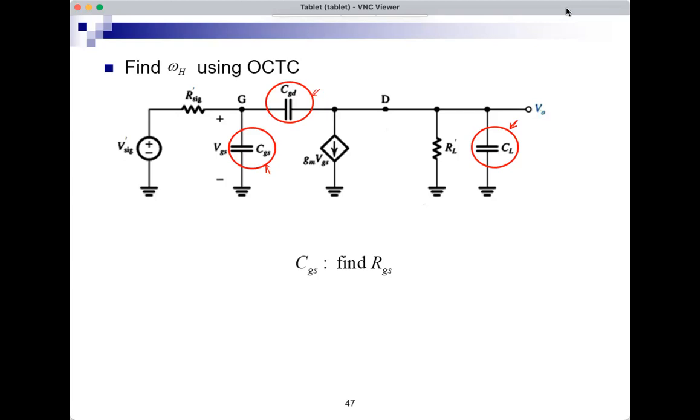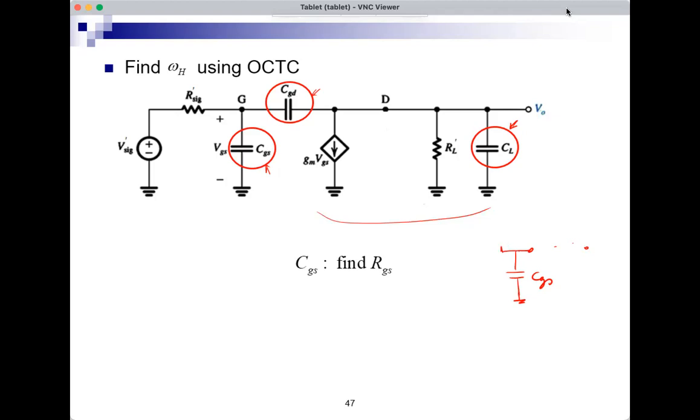Let's start with CGS. If I want to find the resistance seen by CGS, I will call it RGS. I will open circuit the other capacitors. If I open circuit CGD and CL, then this is my CGS. Now I have an open circuit here, so I'm no longer affected by this part of the circuit because CGD is now an open circuit.